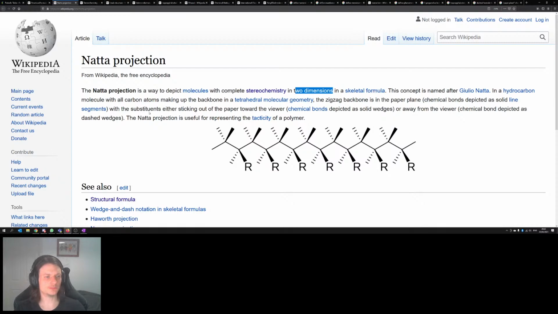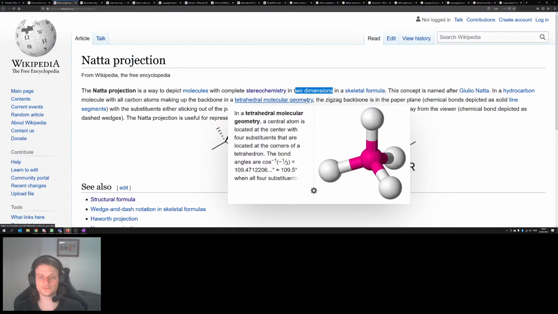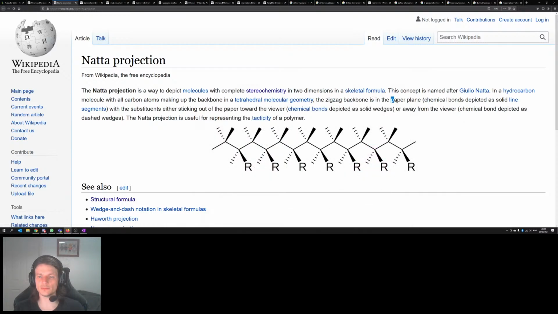In a hydrocarbon molecule, with all carbon atoms making up the backbone in a tetrahedral molecular geometry, the zigzag backbone is in the paper plane, with chemical bonds depicted as solid line segments. So this, with the substituents either sticking out of the paper toward the viewer or away from the viewer.